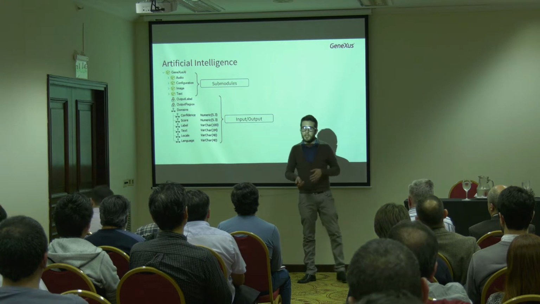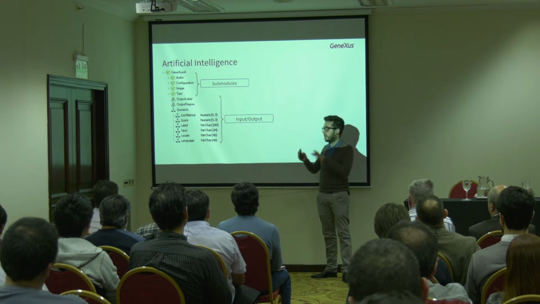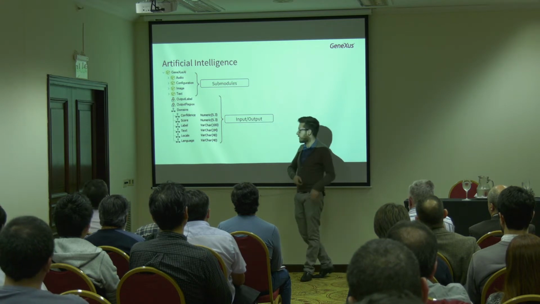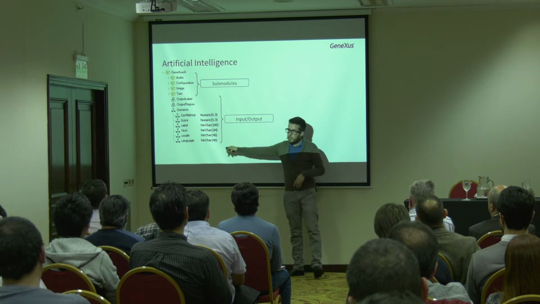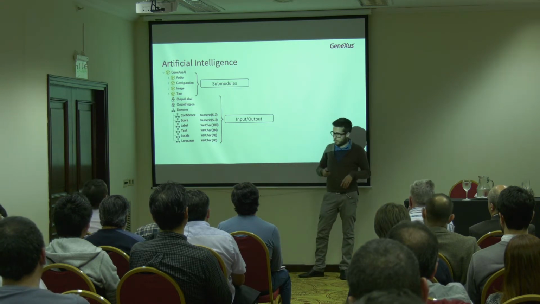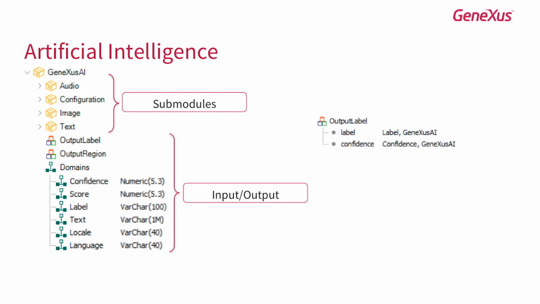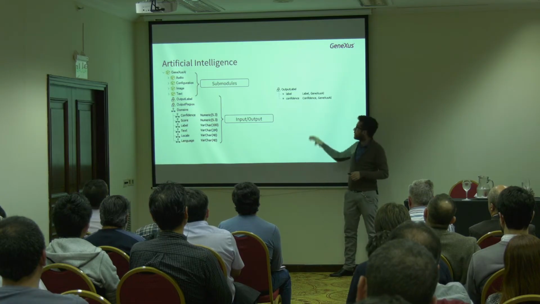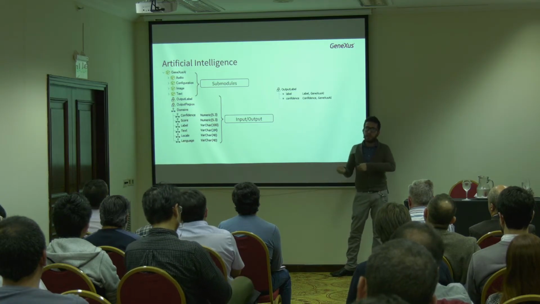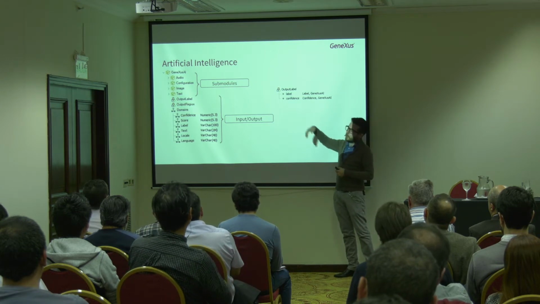In language, it could be the Spanish of Spain versus the Spanish of Mexico. Same thing for English, US or British English, etc. Type of data. We have first this structure and the label that concerns the confidence.